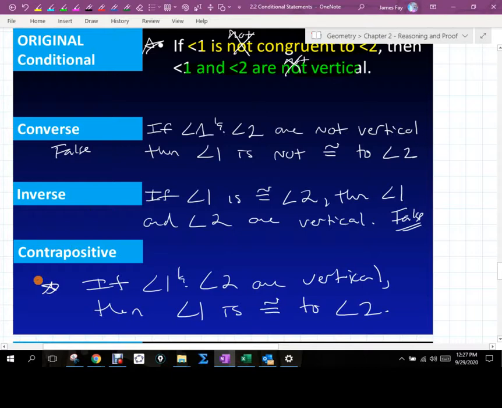So if you know two angles are vertical, close your eyes, two angles in front of you are vertical, can you tell me that they're automatically congruent? Yes. So that statement is true. So if that statement's true, what's my original conditional going to be? It's true as well. Okay?